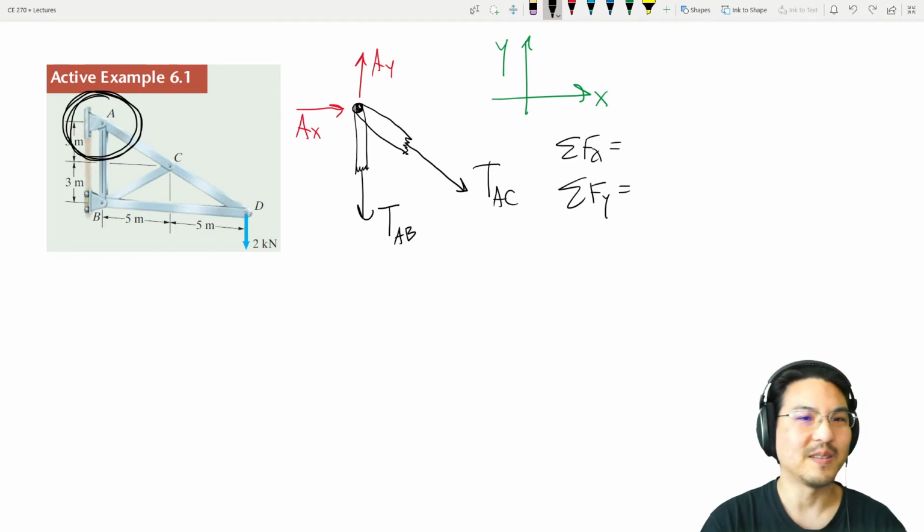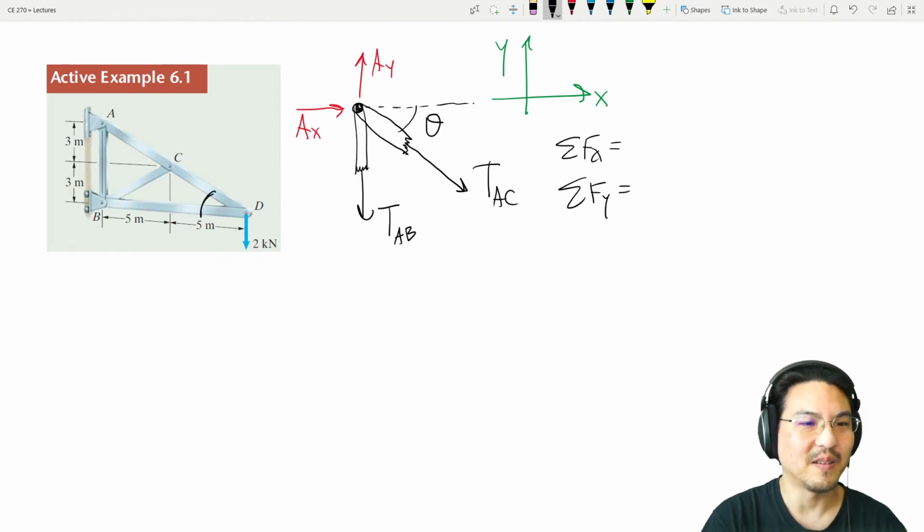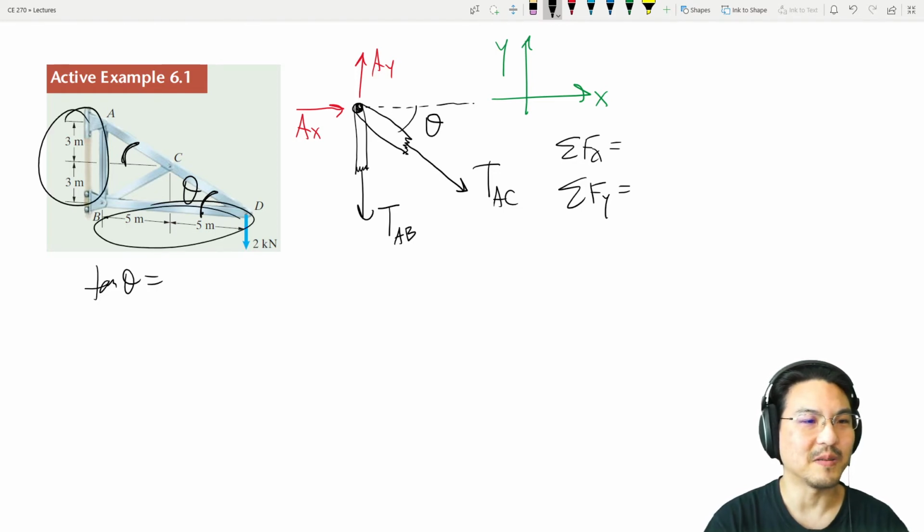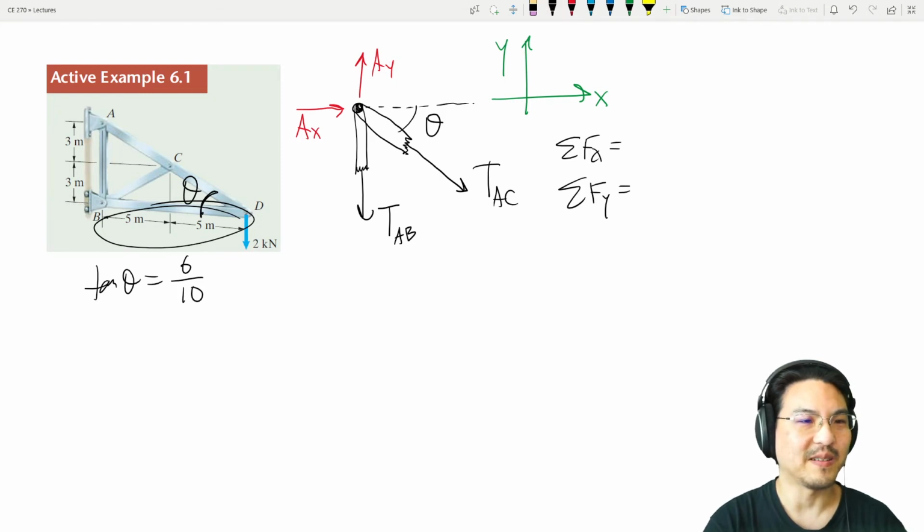Let's see, I need to know a little bit about the geometry. There's some angle here, which is the same as the angle here, and the same as the angle here. I'll call that angle theta. Tangent theta is opposite over adjacent, so 6 over 10. So theta is known, the arctangent of 6 over 10.